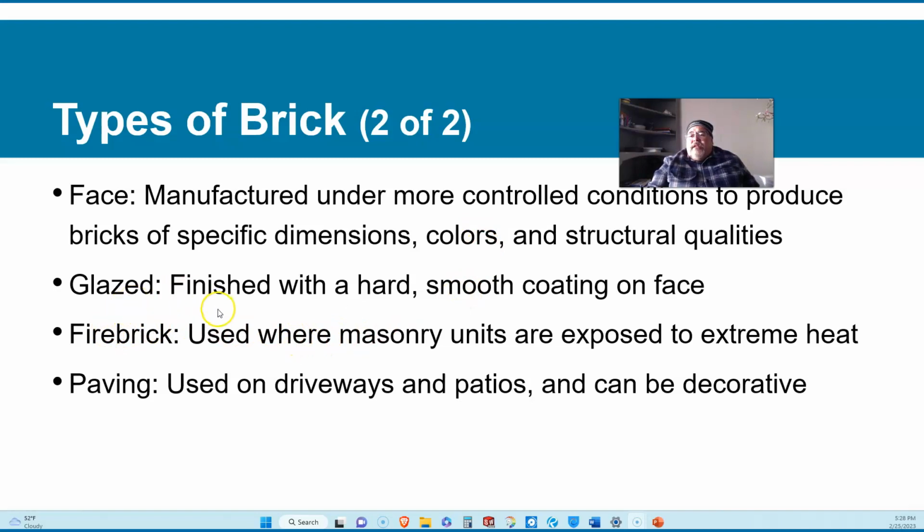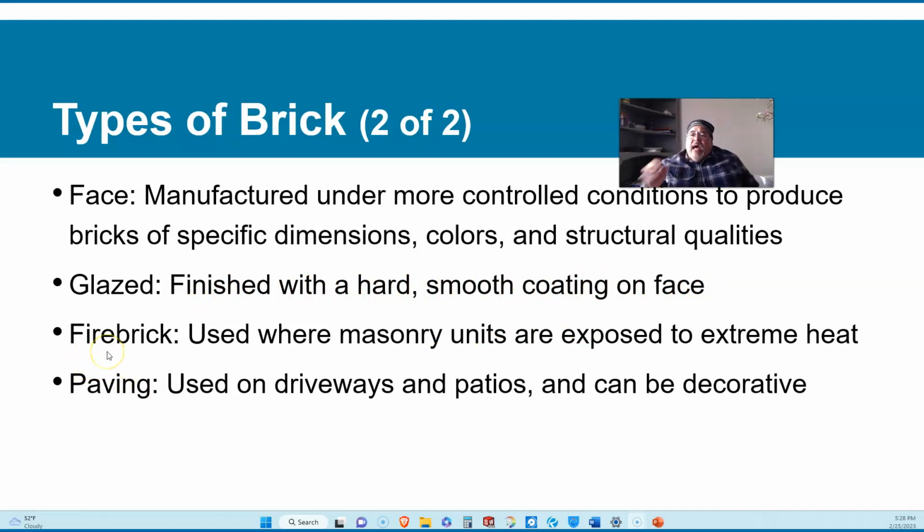Glazed bricks are finished with a hard, smooth coating on the face. So glaze is usually part of that kiln process where you're firing a brick. You'll maybe put a glaze on, so when it finishes, it has a glass-like finish, a hard, smooth coating on the face.